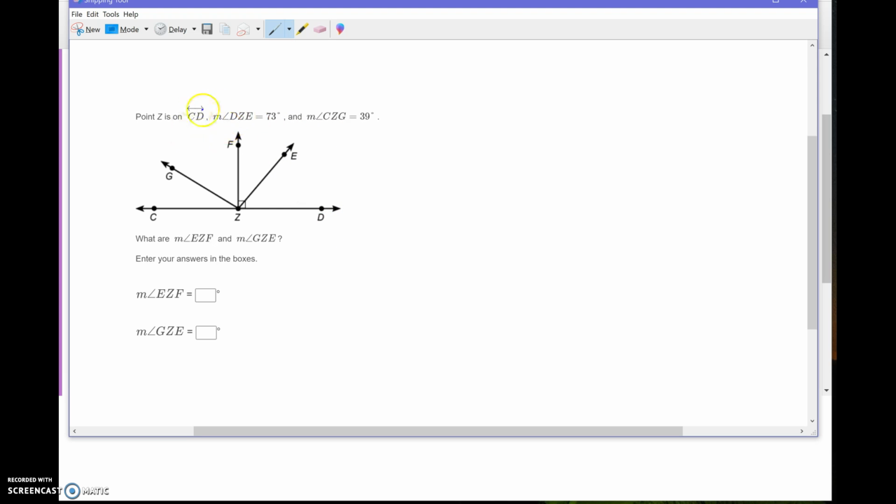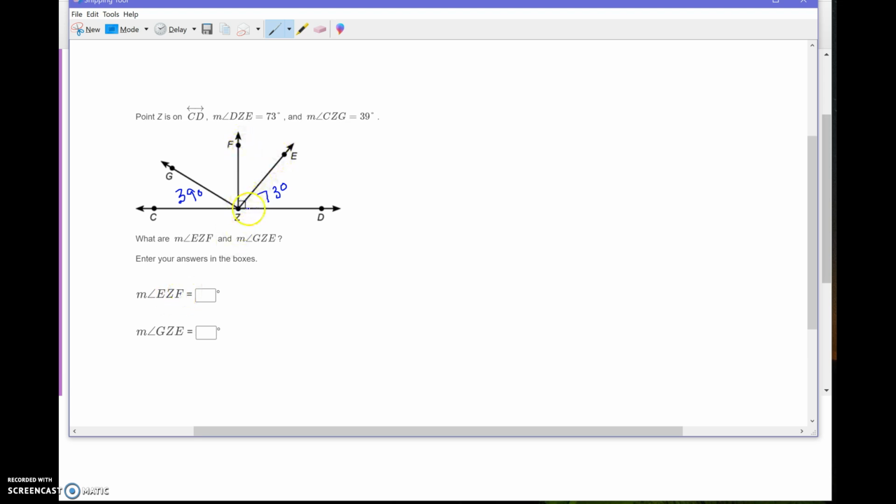The measure of angle DZE is 73 degrees, DZE. And then we have the measure of angle CZG, which is this one right here, is 39 degrees. And we have to find the measure of these other two angles. So we are looking for angle EZF.